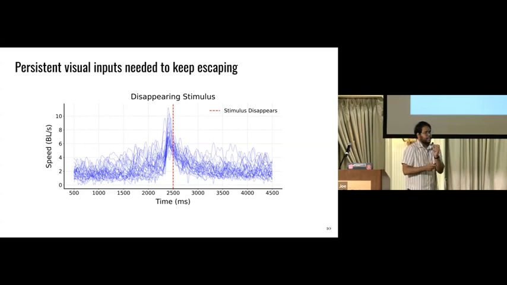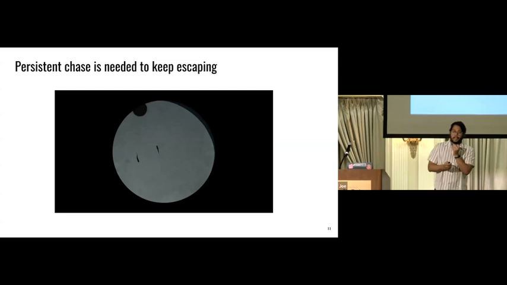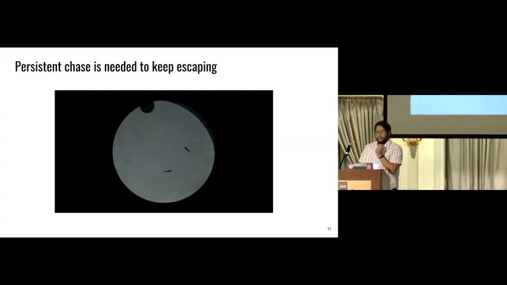But if you think about it, these experiments are not that realistic. At least in the wild, you never have a case where the predator just disappears entirely after chasing you. So we decided to change this and add something new. Instead of making the stimulus disappear entirely, we decided to decouple it. So you start chasing the fish, and instead of disappearing, you decouple the predator's behavior from the prey.